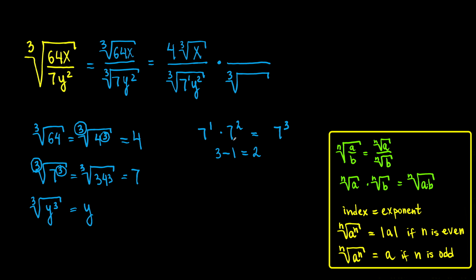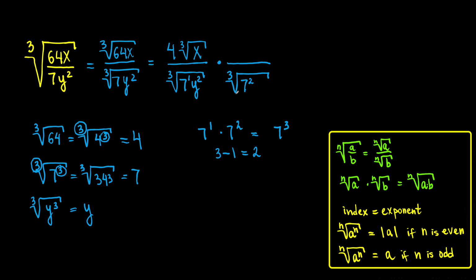When we multiply with the same base, we add the exponents. So inside that cube root, we will put 7 to the second power, so that when we multiply the cube root of 7 to the first times the cube root of 7 to the second, we will get the cube root of 7 to the third. We will get the perfect cube under the root, exactly what we need.